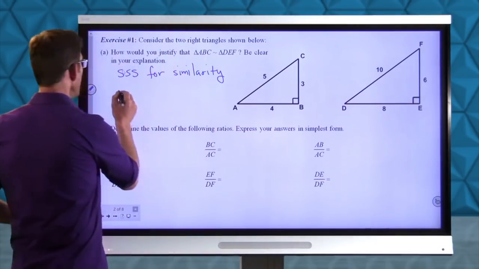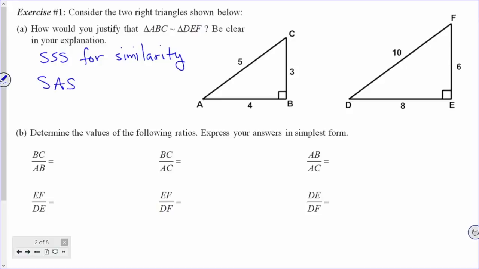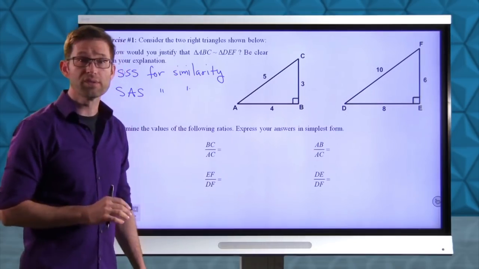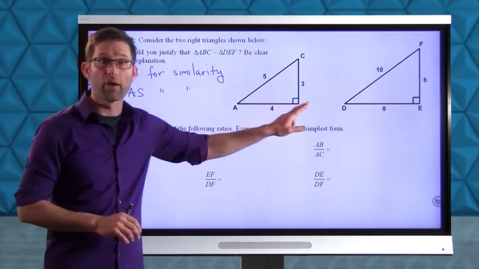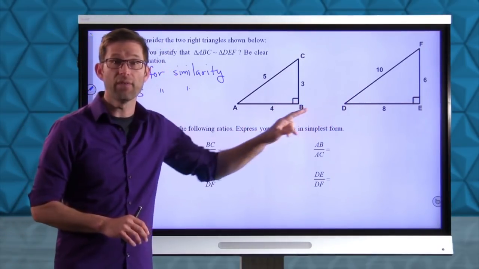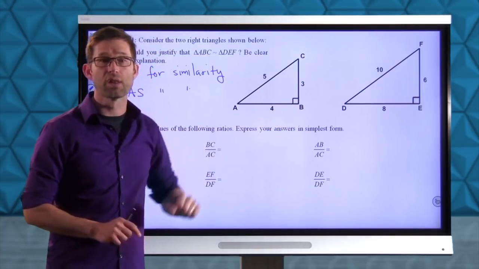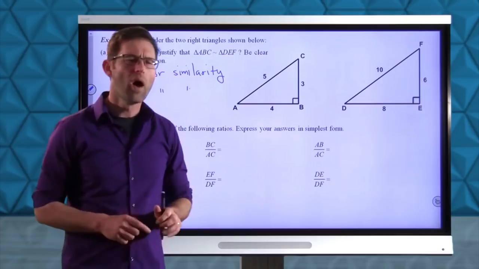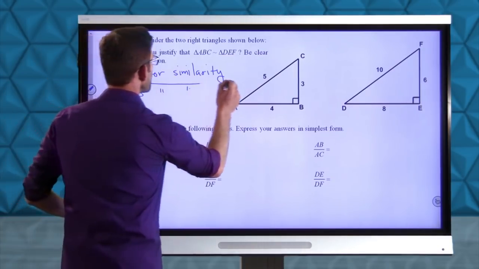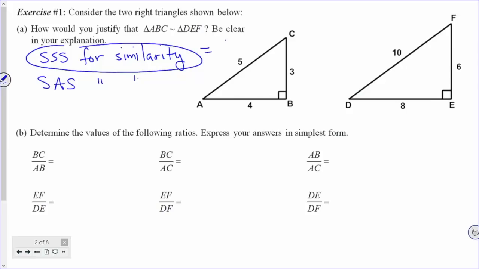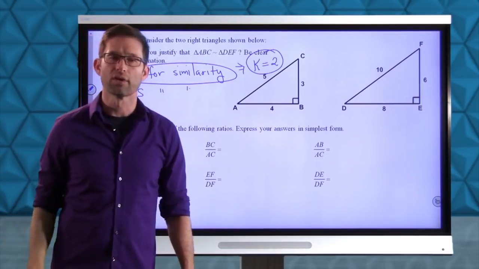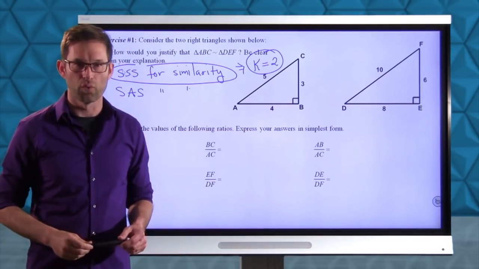You could also say, though, that you could use the side angle side theorem for similarity. Again, for similarity, not for congruence, because we've got these two pairs of sides that are proportional, the 8, the 4, the 6, and the 3, and then we've got the right angles that are congruent in between them. I still think the first one is the best because it gets into that idea that one of these triangles is just a scaled up version of the other by a scaling or dilation constant by a factor of 2.